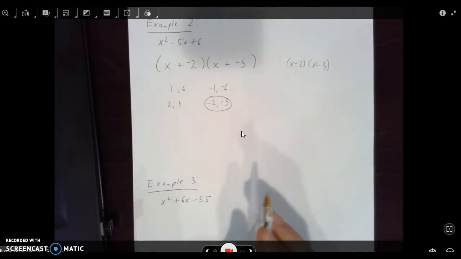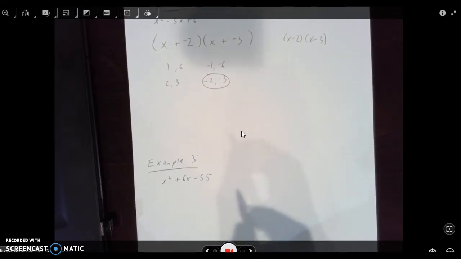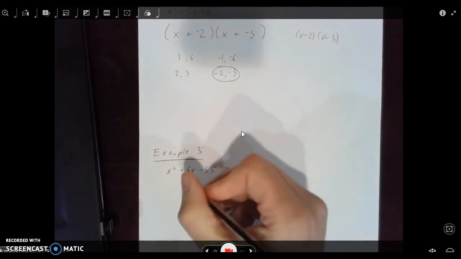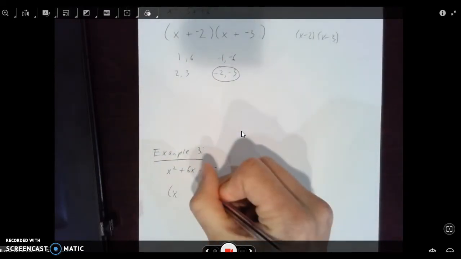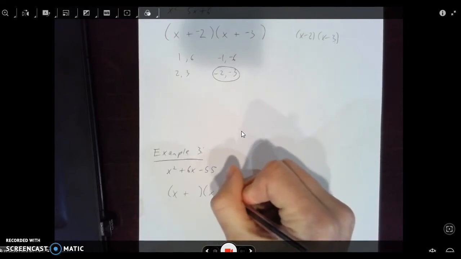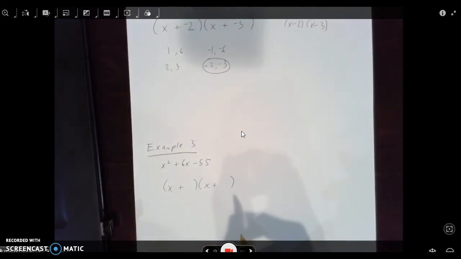Okay, so this game is relatively easy to play. The only way to make it a little more challenging is just to make the numbers larger. So we have a 55 down here, and we know what we're trying to do. I have two numbers that go here, and those numbers have to multiply to negative 55 and add to 6.